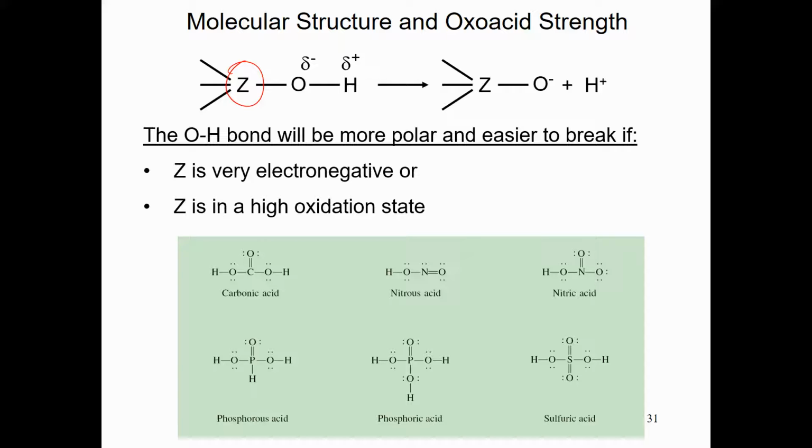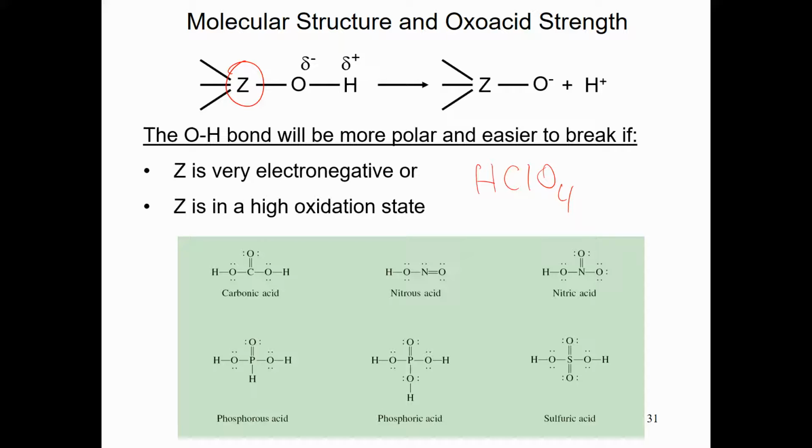If I had 4 oxygens and 1 hydrogen, that would become a strong acid, like HClO4, perchloric acid. Perchloric acid is a strong acid. 4 oxygens, 1 hydrogen. That's a strong acid.